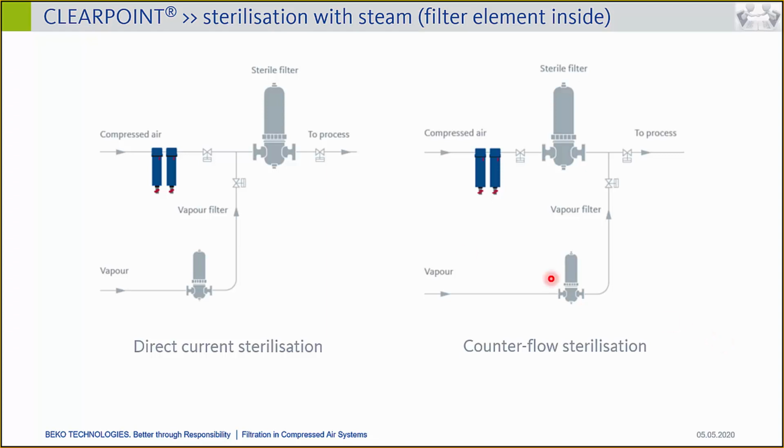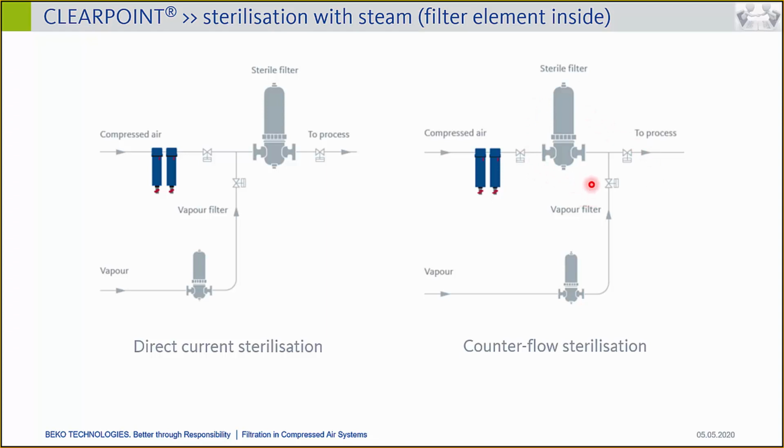The difference is the airflow, the internal airflow in this sterile filter housing. The counterflow sterilization is usually only used when the steam is also used for any application process. So in case that's the scenario, then this installation would be set up as shown here.